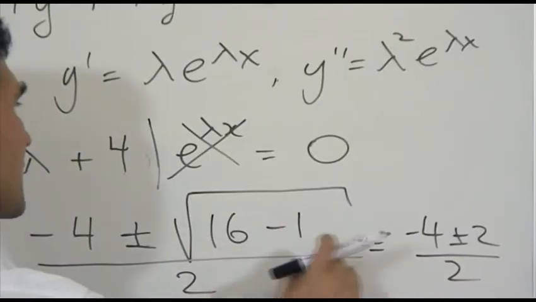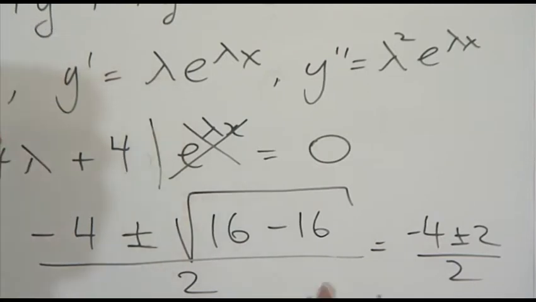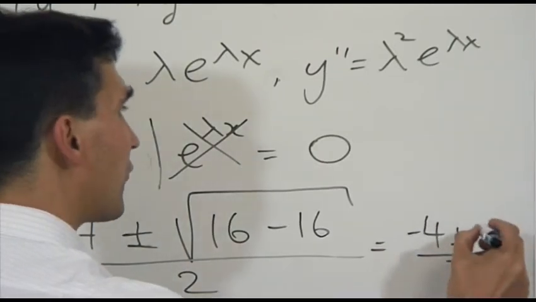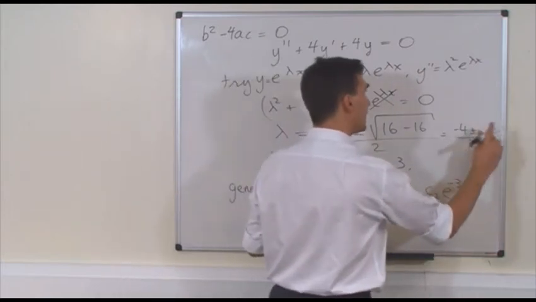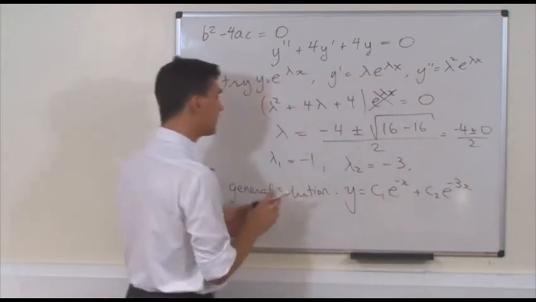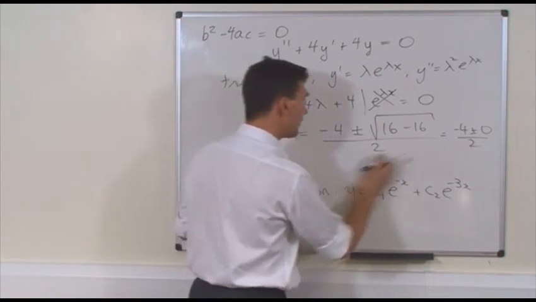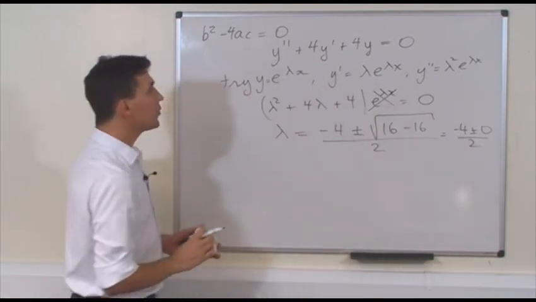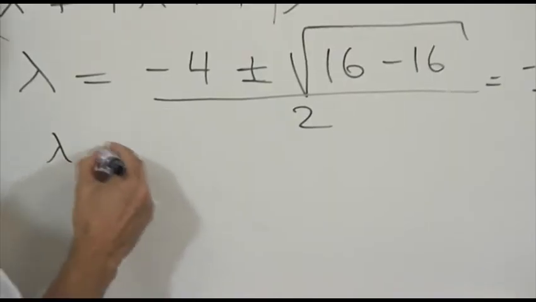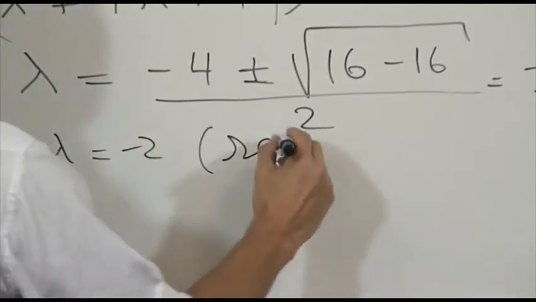So here it becomes minus 16. So this is minus 4 plus or minus 0 over 2. So we only get one value of lambda in this case, which is minus 2, but it is repeated.